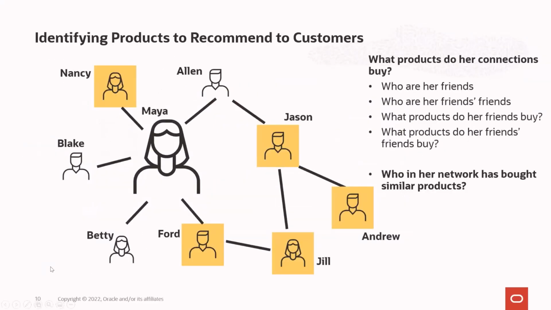Now, when we add graph to that mix, we can view this customer Maya in the context of the network of her connections. She may be interested in products that her friends buy, but she may also be interested in products that the friends of her friends purchase.